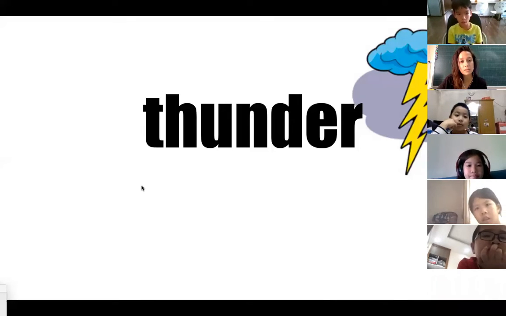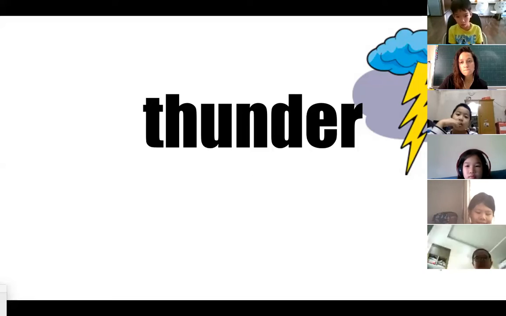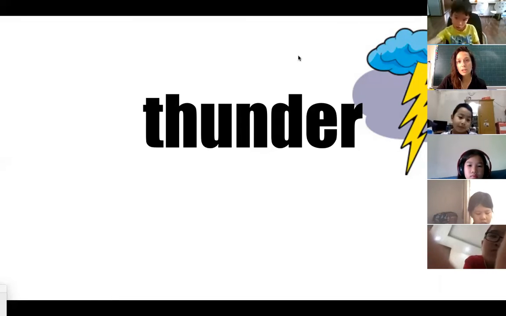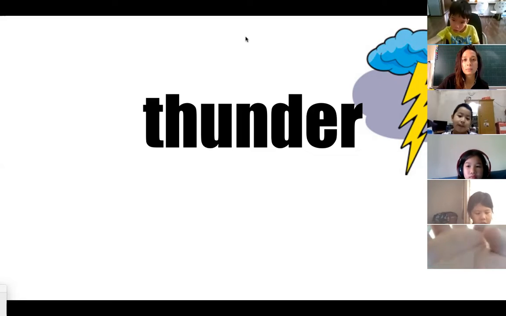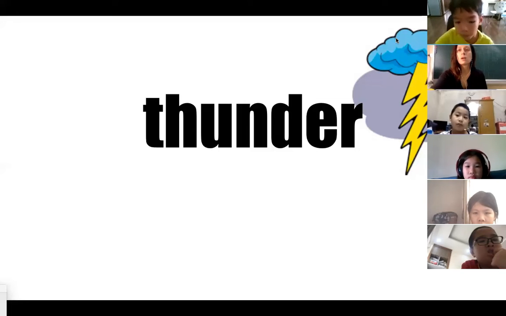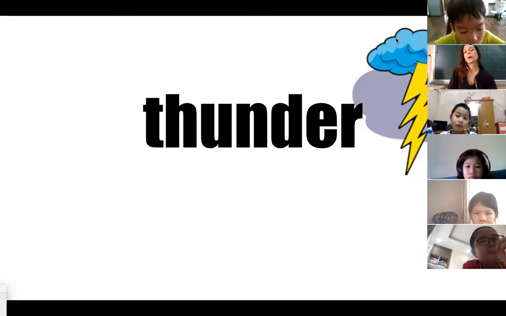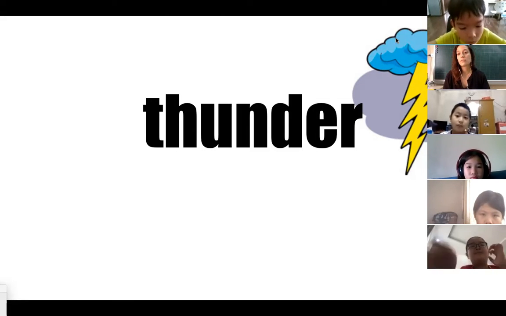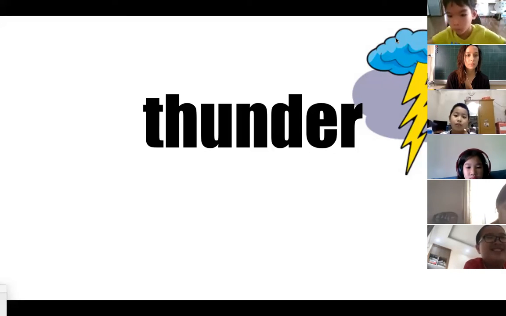How many syllables does the word thunder have, Dino? 2 syllables. Okay, and let's go ahead and type in the chat. What would our first syllable be in the word thunder? Remember, I'm not asking about the first sound. I'm asking about the first syllable. So if we remember where we can do our clapping to help us figure out the syllables in the word thunder. Thunder. All right, very good.